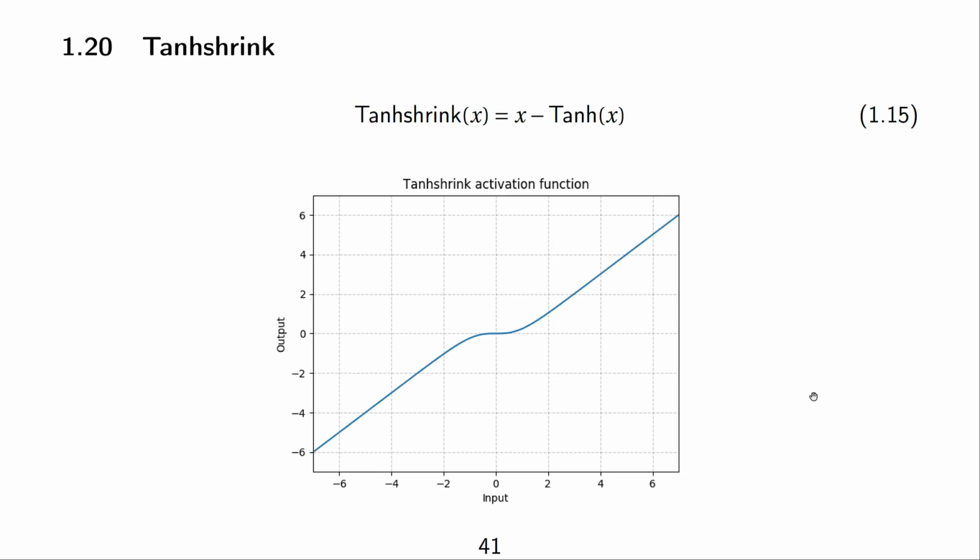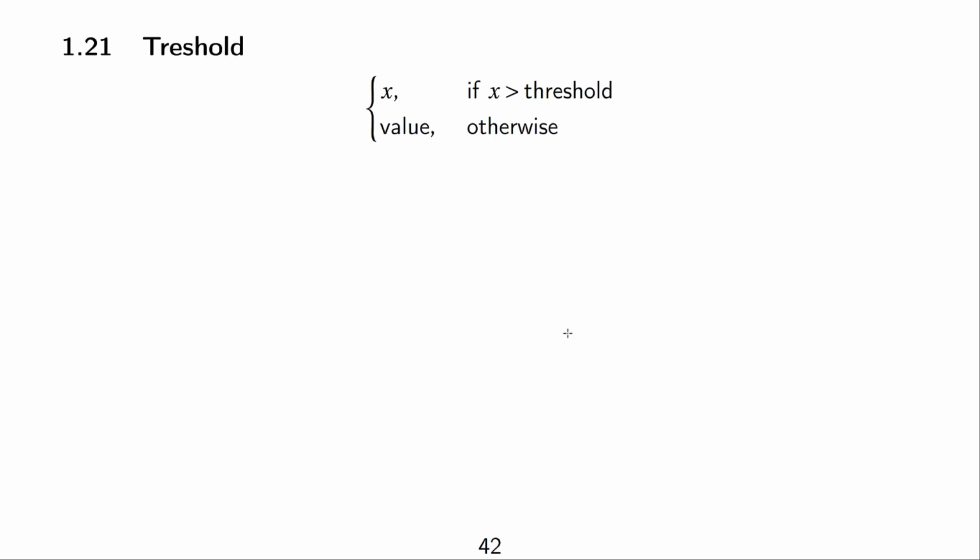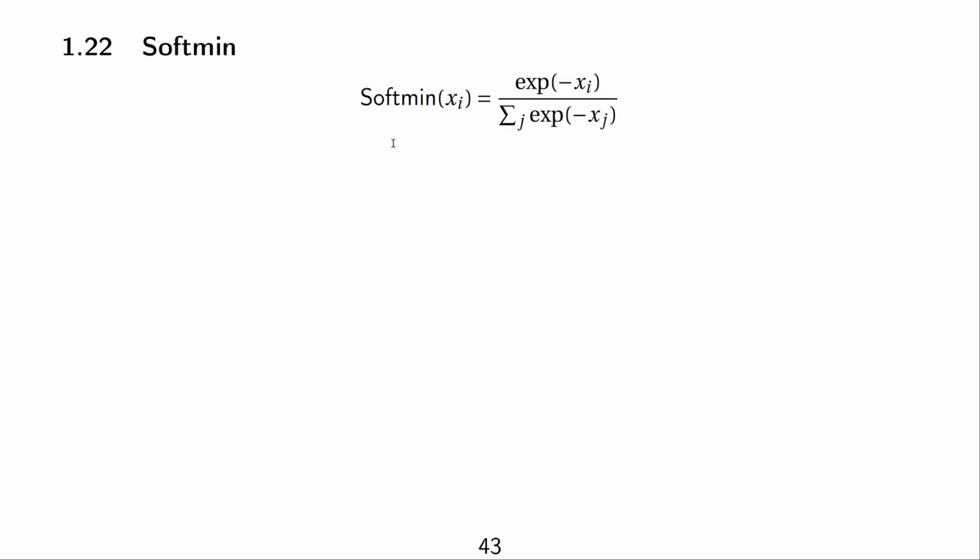We just show that it exists. Tanhshrink. So this is x minus tanh x, which has this particular shape. Threshold: the output is x if x is greater than the threshold, and otherwise it's a constant value.